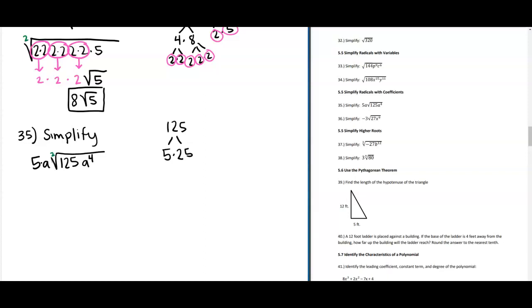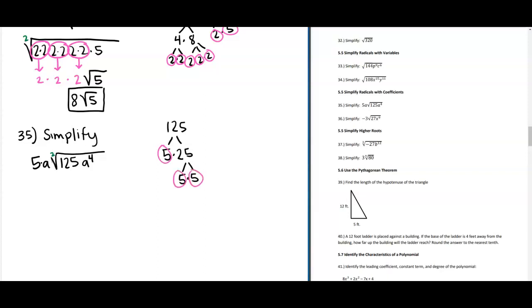So 5 times something is going to give you that 125. 5 is prime, but 25 breaks down to be 5 times 5. Remember, I know something is prime when the only thing it could break down to is like 5 times 1. So I've got 5 times 5 times 5.